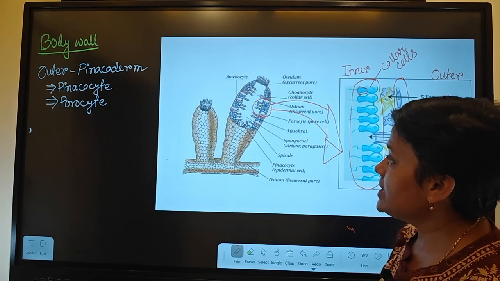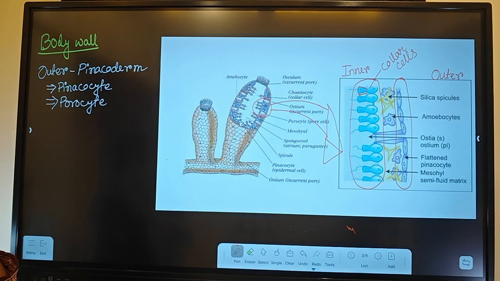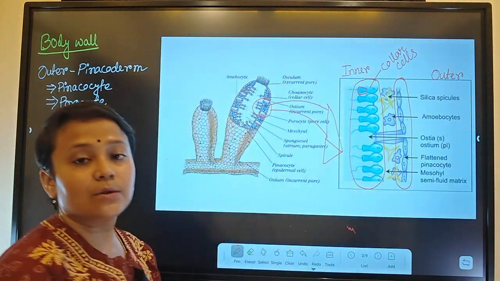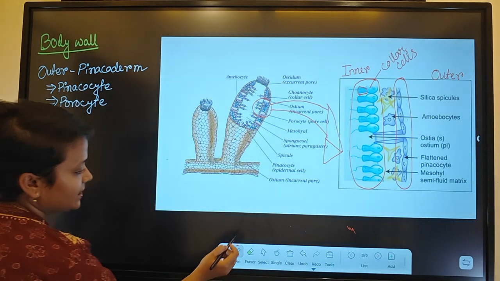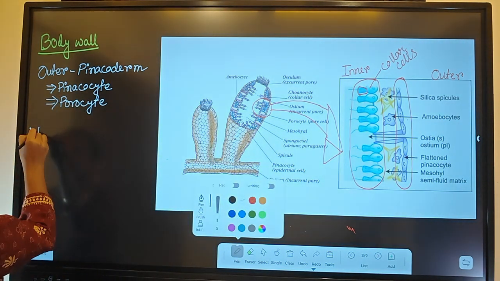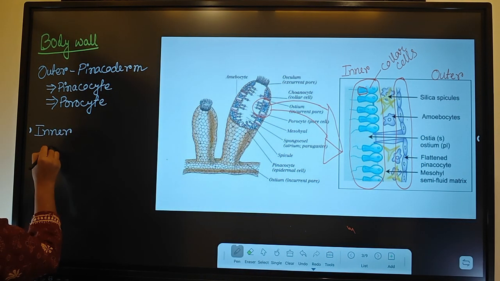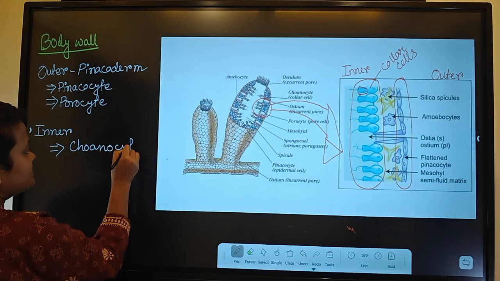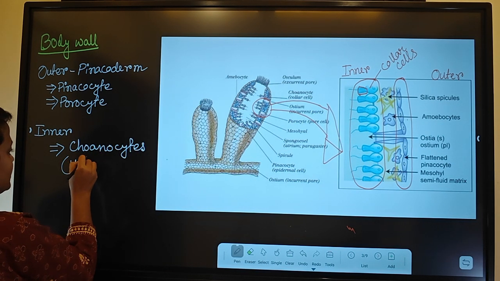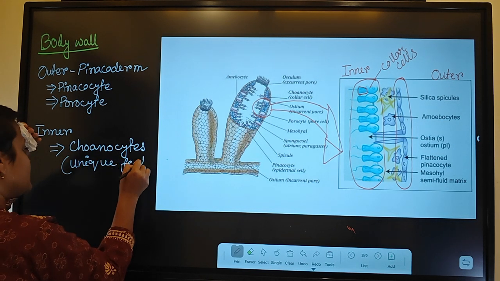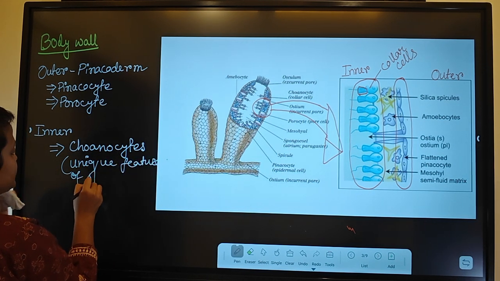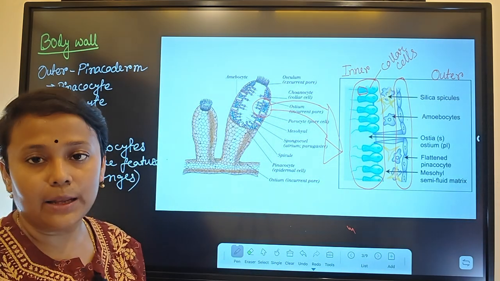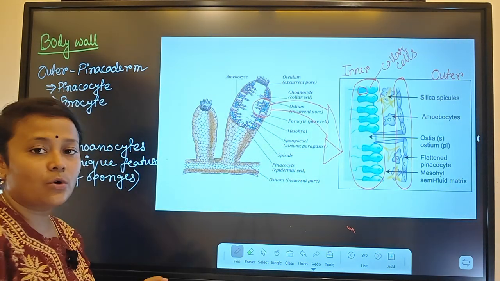This is also called choanocyte. And on the basis of that, we are giving the name of the inner layer, choanoderm. So the inner layer is made up of choanocytes. Choanocytes are a unique feature of sponges. You cannot find choanocytes in other phyla. So choanocytes are called collar cells.